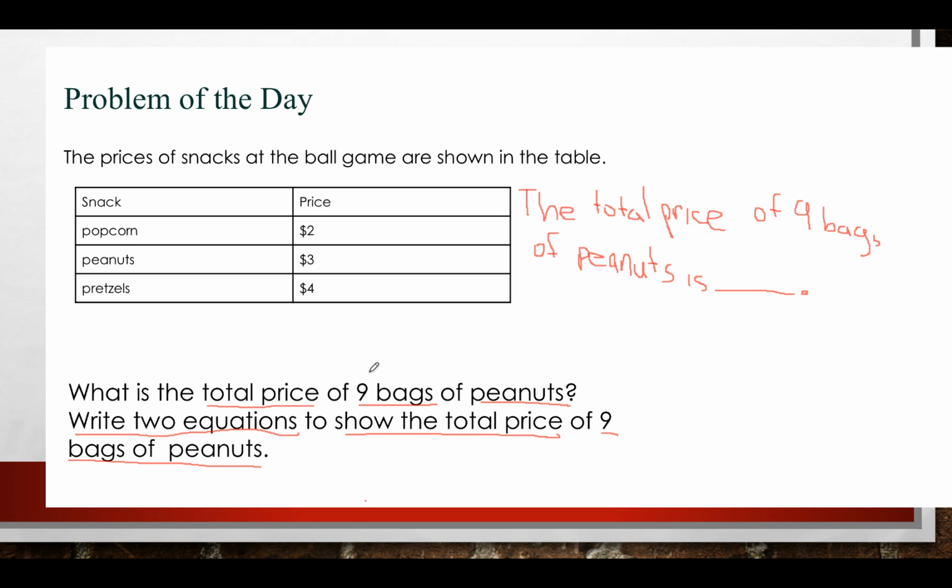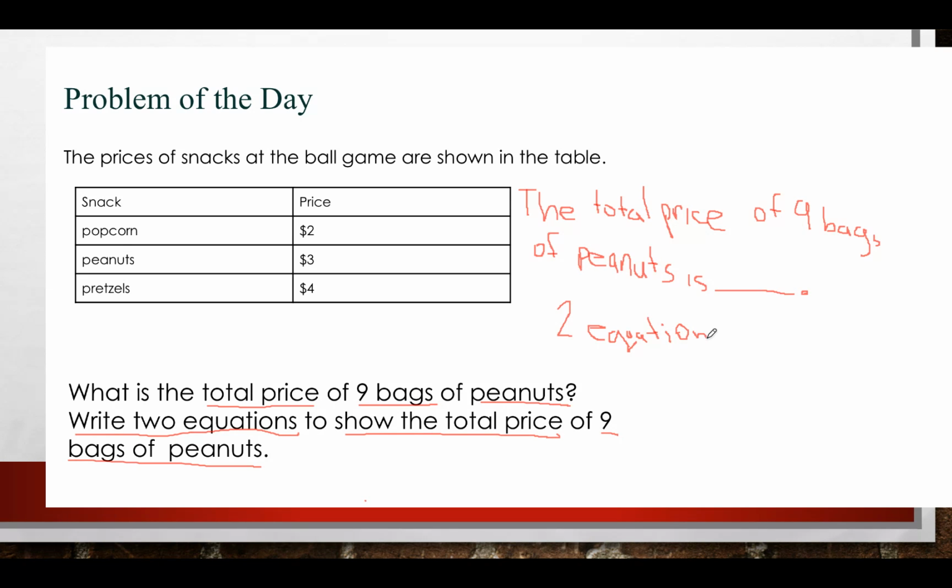So there's 2 parts to this, and we need to make sure we do each part. So over here, I'm going to write 2 equations, so that I won't forget to do it, because that's part of the directions. And remember, if we want our full amount of points, we have to do each part.